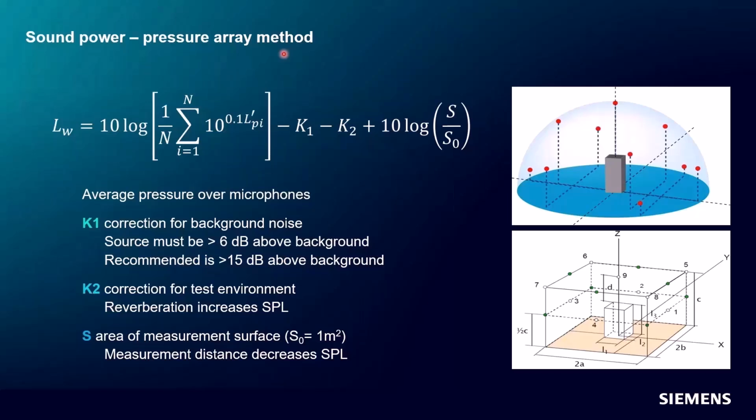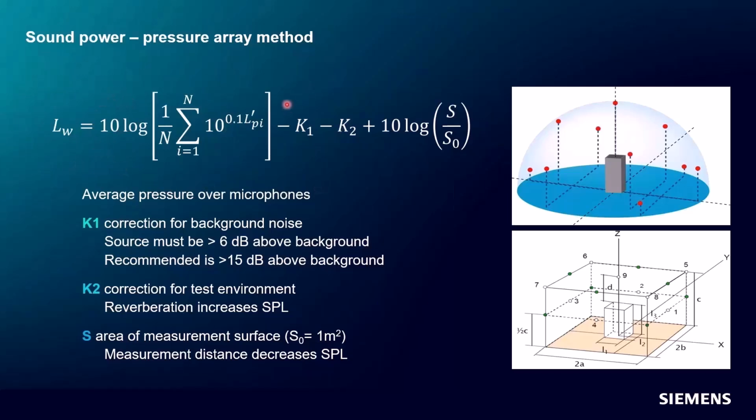But this ISO 3744 allows us to apply some corrections to account for the room environment. There will be reflections from the walls, so you have to take that into account. And also there can be some background noise. To correct for those, there are these K1 and K2 correction factors that we have to apply to compute the actual sound power of the test object that we are interested in.